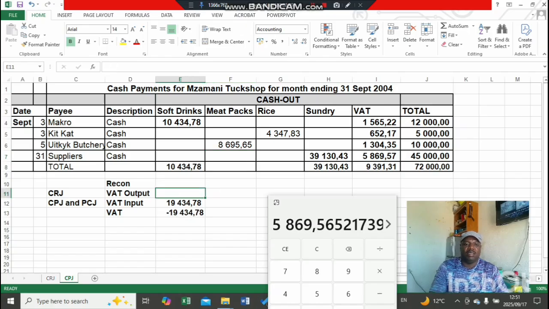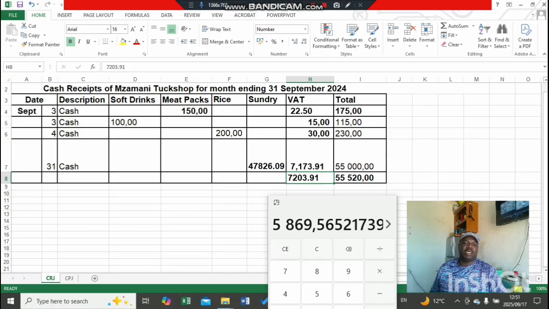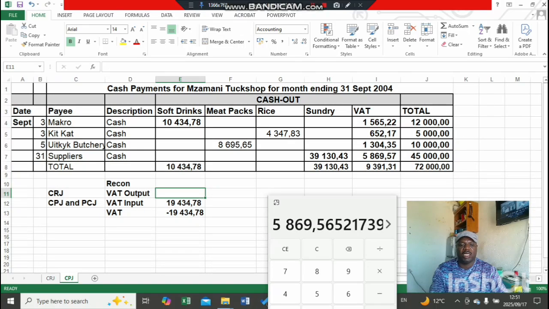Now let me go back. Remember, when we collect VAT from customers for SARS, that is called VAT output. How much is our VAT output? 7,203.91. We are doing the reconciliation. Who owes who?